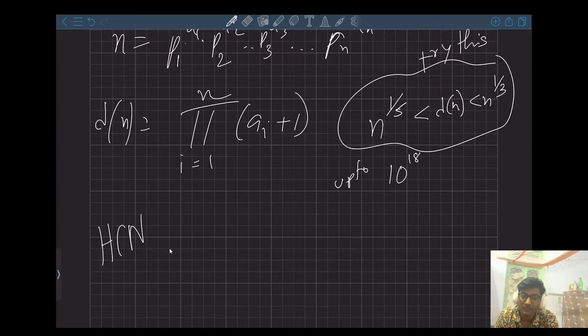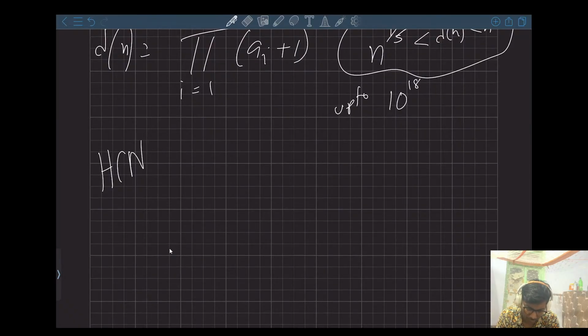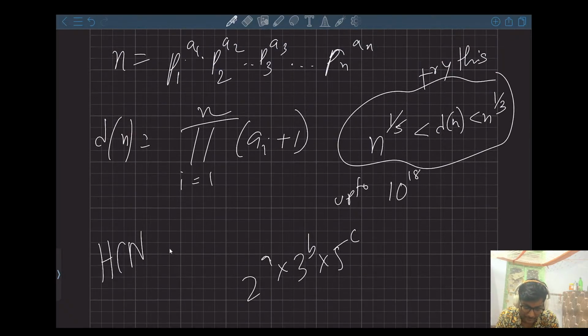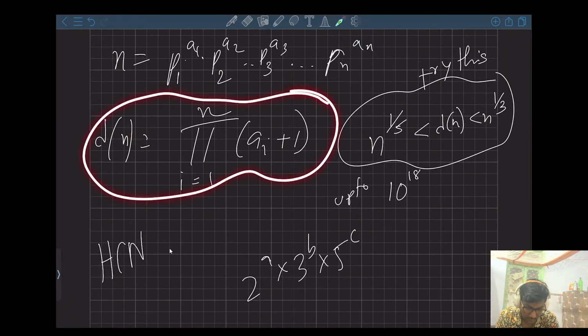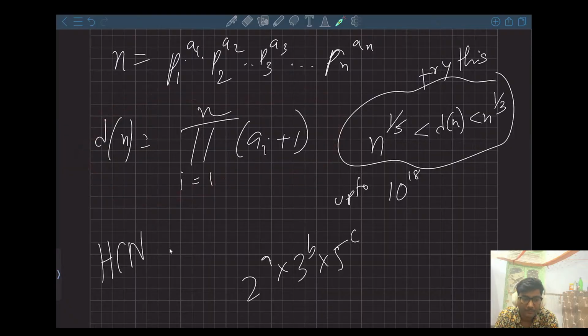So basically, a lot of factors are there, like 2 to the power a into 3 to the power b into 5 to the power c, and none of them are zero. In order to maximize this d(n), we try to maximize these Ai such that the product is maximal. So those are called highly composite numbers.